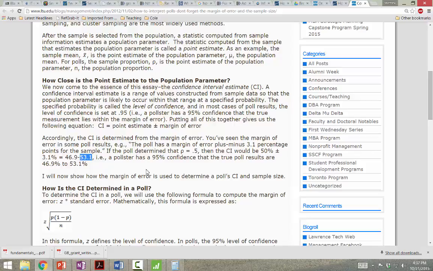Then the sample also said they'll vote for candidate B 47% of the time. Well, yes, 53% is greater than 47%. But look at the confidence interval. Both of those scores, the 53% and the 47%, lie within the confidence interval. Therefore, for all intents and purposes, there is no difference in how the sample is saying they're going to vote for the candidates. They're basically saying they're equal. Okay.